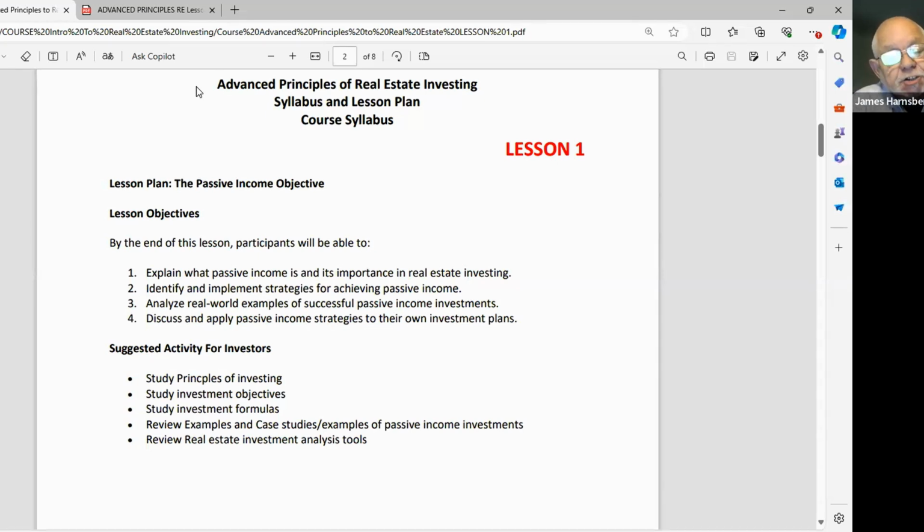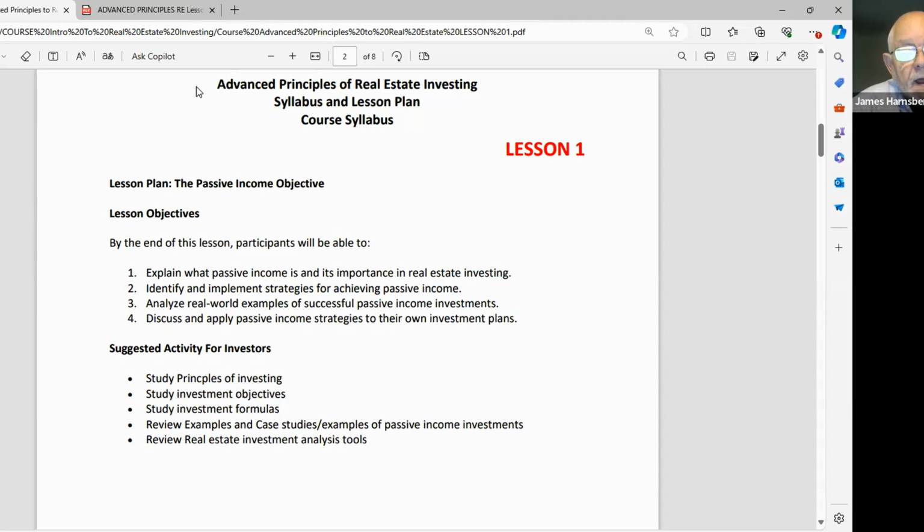Some suggestions that I'm going to give you beyond even this course. These are activities for every investor. Study the principles of investing. Study investment objectives in real estate investing. Study the investment formulas. There's hundreds. You're going to need about 20.